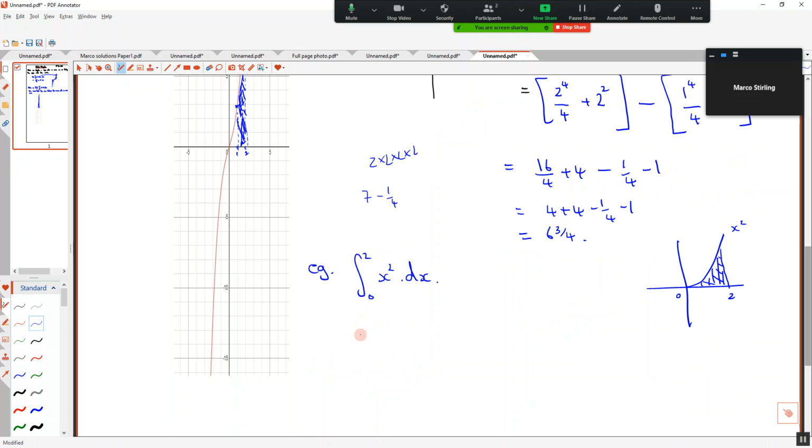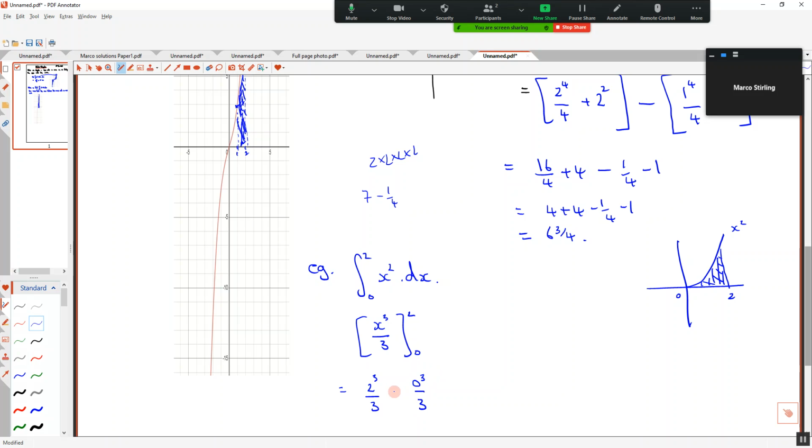What did you get when you integrated, Jaden? Yep. So you get x cubed over 3. I like to put it in big brackets so I know what I'm putting in. And I'm substituting the numbers 2 and 0 in, okay? So I put 2 in first, 2 cubed over 3. I put 0 in, so it's going to be 0 cubed over 3.